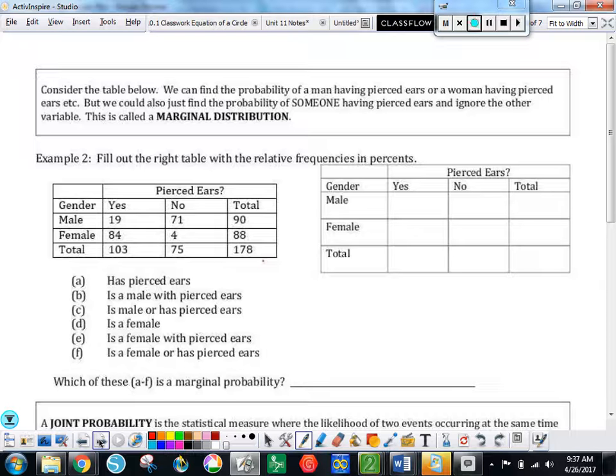Fill out the right table to find the frequencies. If they are male and yes, they have pierced ears, it would be 19 out of 178. Let's just worry about the fractions. They do not have pierced ears, 71 out of the 178. Fill out the total.